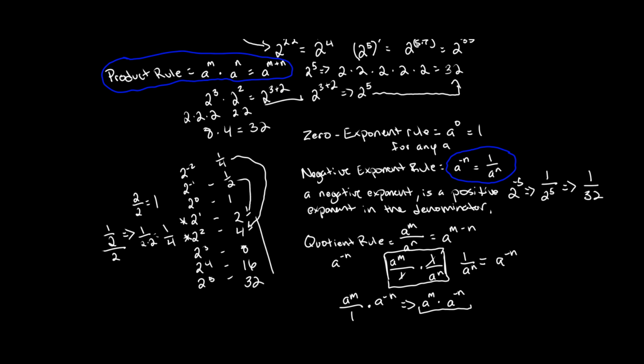So with that said, we have a to the m times a to the negative n, so it's going to be equal to a to the m plus negative n, which comes out to a to the m minus n, which takes us right back up to our quotient rule, a to the m minus n.